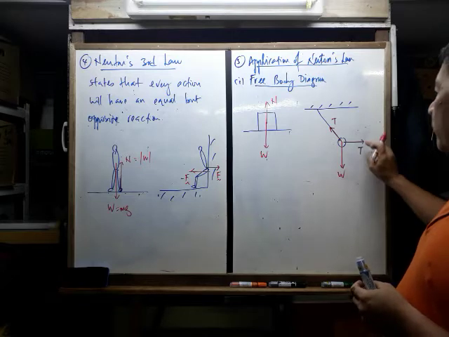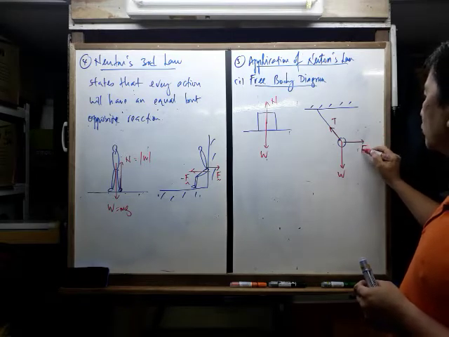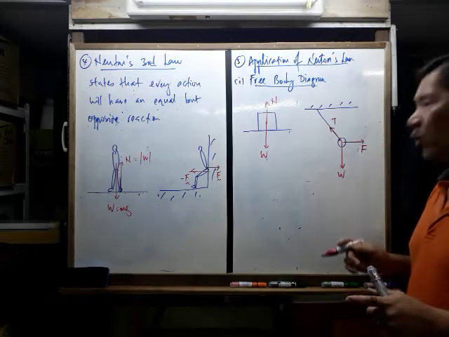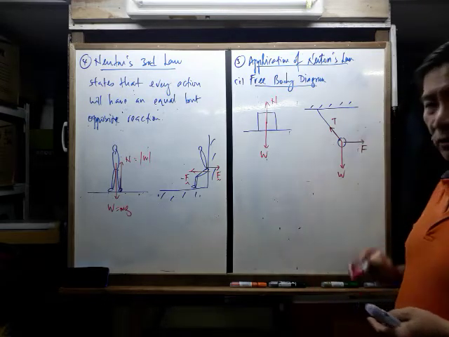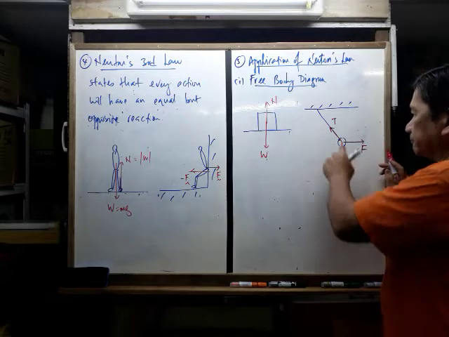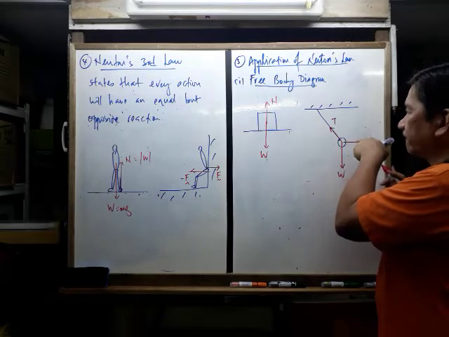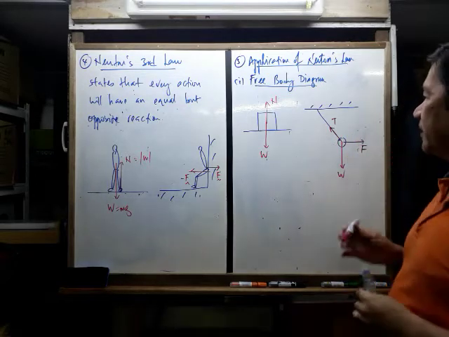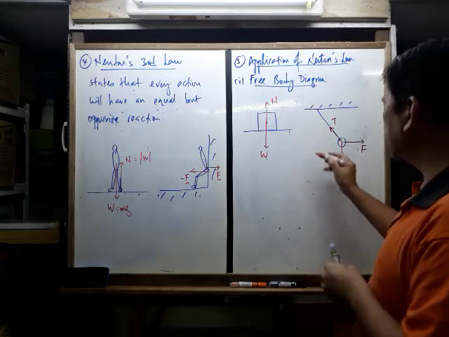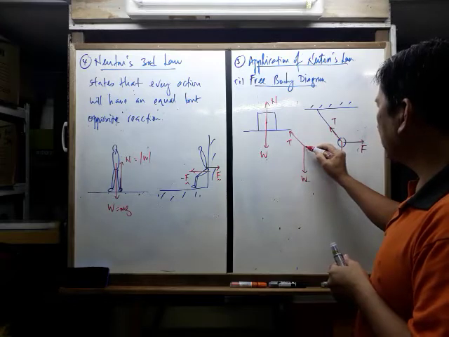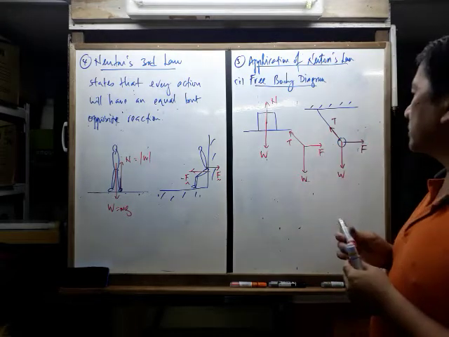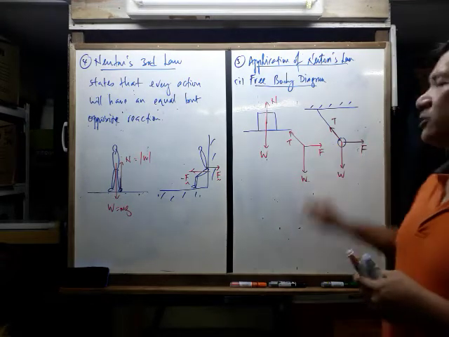But since this is a pulling force, we change this one into F. If you have more than one tension using the same T, then you use subscripts 1 and 2 and so on. Alright, so now we can simplify this diagram into something that looks like this: 1, 2, and 3. So you see, the object is not in the picture.